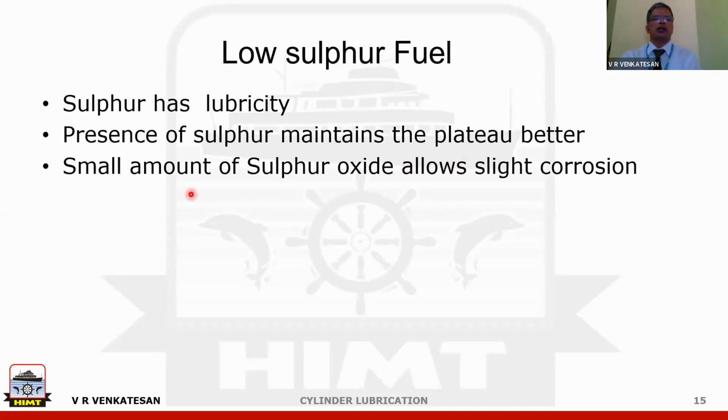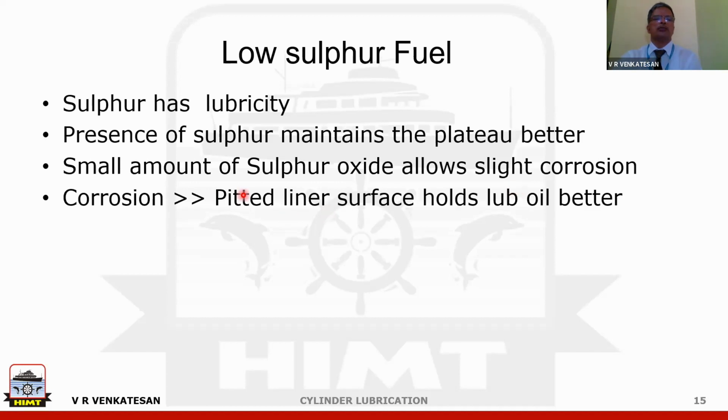More importantly, if you have small amounts of sulfur oxide, then slight corrosion takes place in the liner. And the slight corrosion will create a liner surface which is slightly pitted. And this pitted liner surface will hold lube oil better.